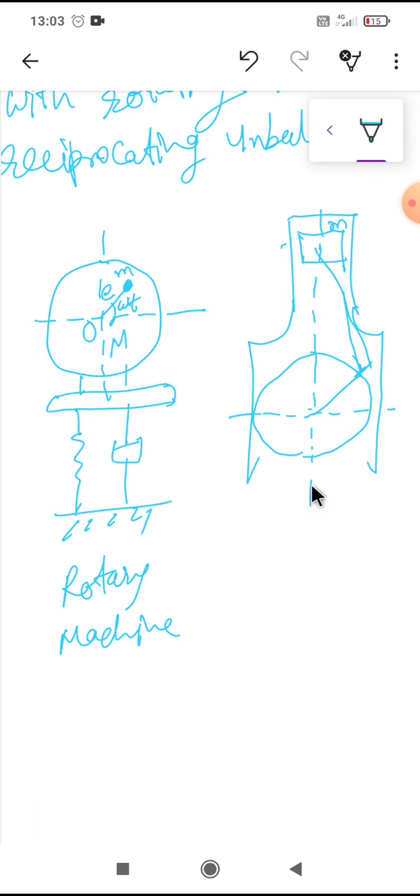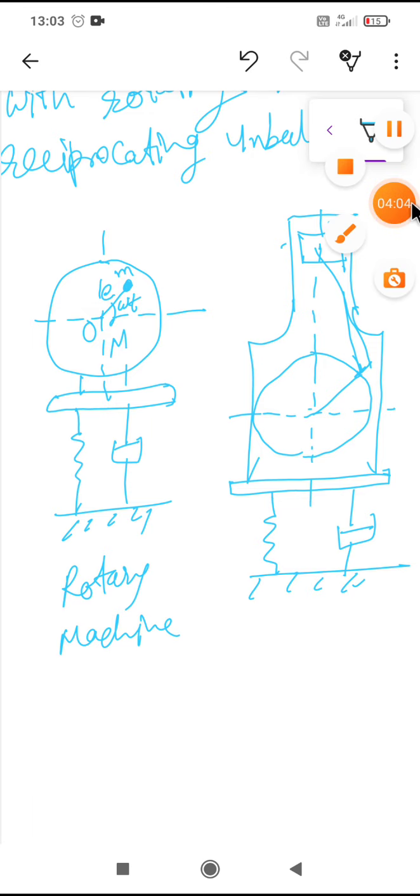Here also, the same case: this machine is connected to a spring and damper system, which are vibration isolators. Similar analogy of this we can use here.